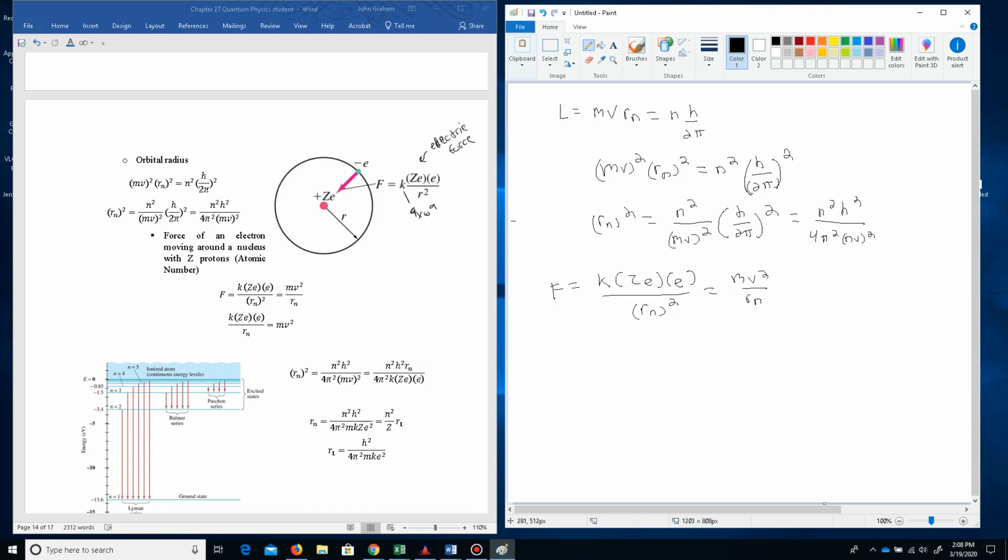So we're going to take this equation up here and this equation here, and solve for that mv squared, which ends up down here in our equation.